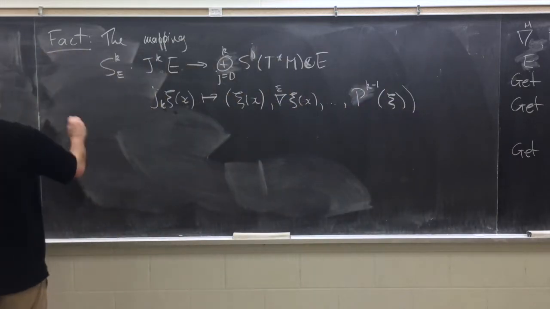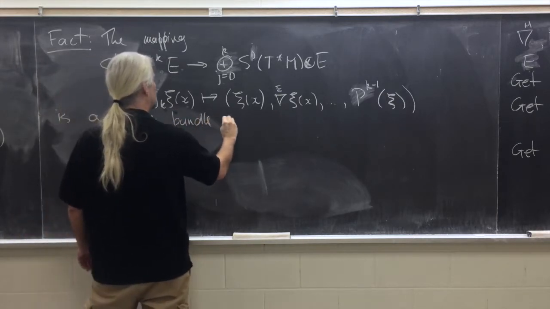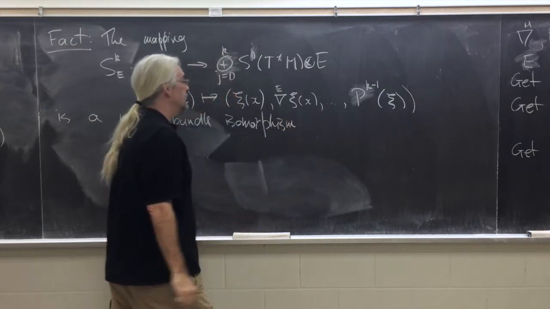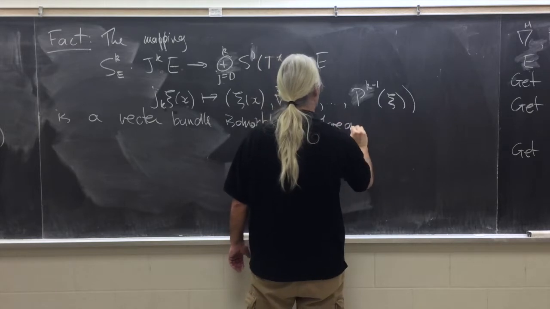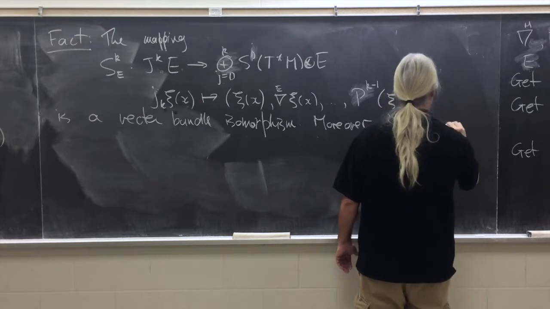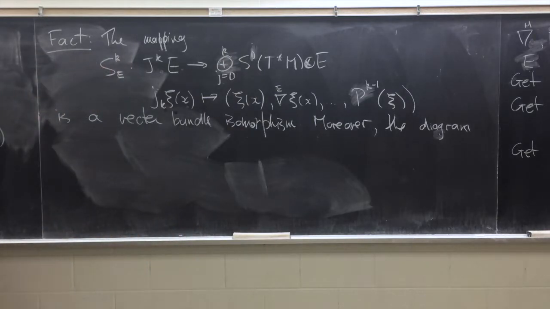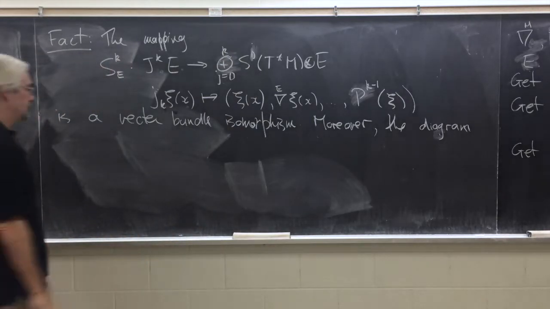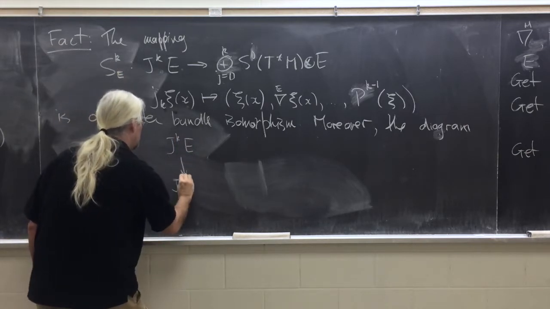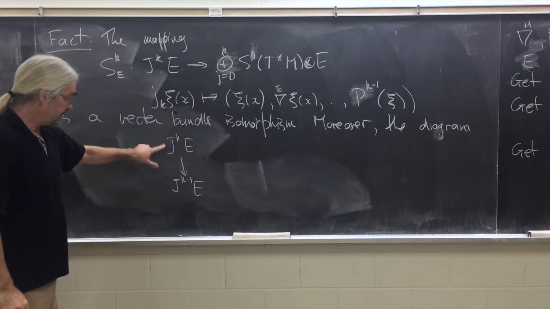All right, so this mapping is a vector bundle isomorphism. Moreover, you have a natural commuting diagram which says that this mapping preserves the order structure of derivatives. So you have these mappings like so. This mapping forgets the kth derivative.